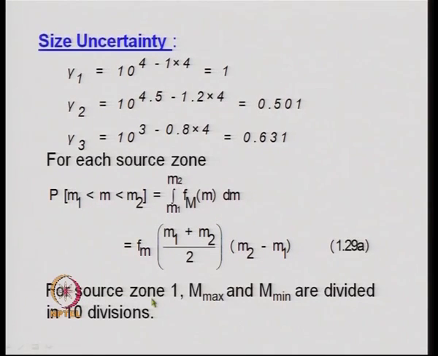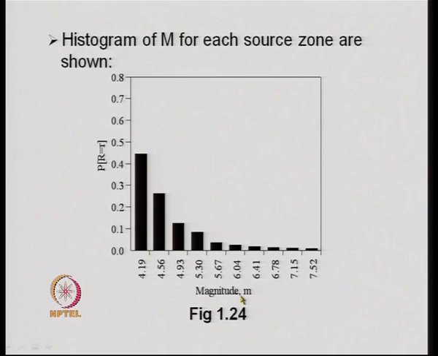So, for source zone 1, M max and M minimum are divided again into 10 divisions, and the center of the division is considered as one magnitude. That way we get 10 such magnitudes, and one can find out the probability of occurrence of a certain magnitude of earthquake, and that magnitude will be referred to as the magnitude which lies at the center of the division.